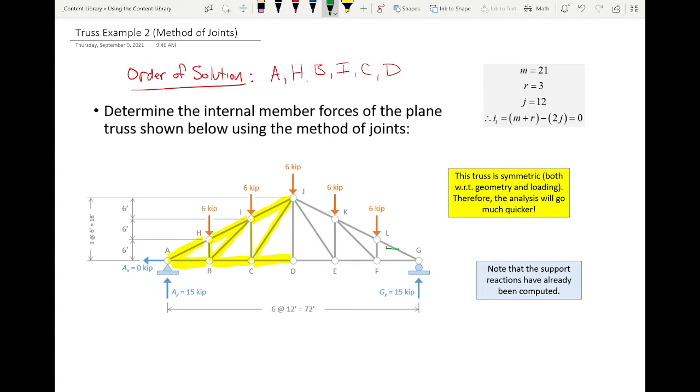So 6 over 12, what's an easy way of writing that? 1 over 2. Yeah, so 1, 2, 1, 2, 1, 2. I know that's probably really tiny for you all. But yeah. What about these members, like FK or BI? 1 to 1.